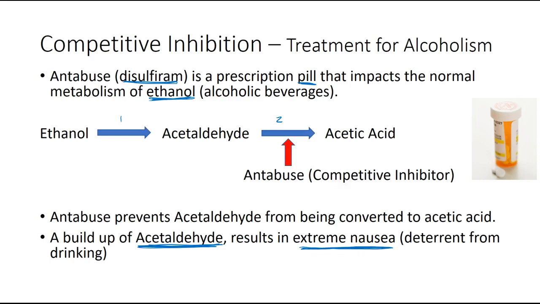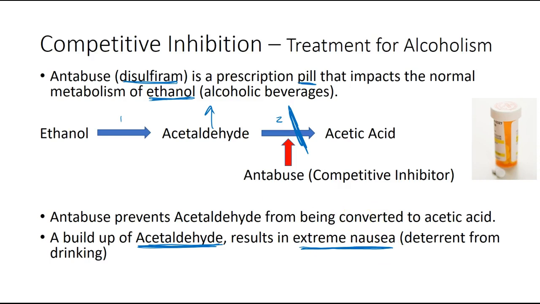So if we recap, Antabuse, or disulfiram, is a competitive inhibitor that is competing for and actively bonding to the enzyme, which is normally responsible for taking acetaldehyde and changing it to acetic acid. Because we are stopping this metabolic pathway at this point, acetaldehyde is going to build up in the patient, and because it builds up, it's going to bring about feelings of extreme nausea, which is a deterrent from drinking.